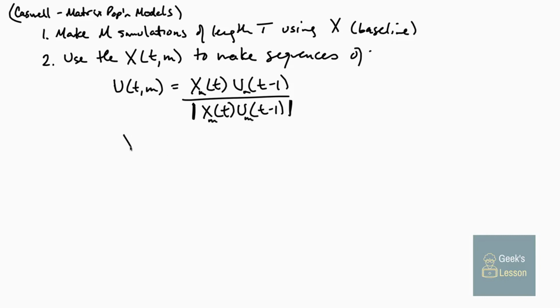And you also need single-step growth rates for the population at time t in simulation m. And for each one, that's just going to be X at time t times the stage structure and their norm.